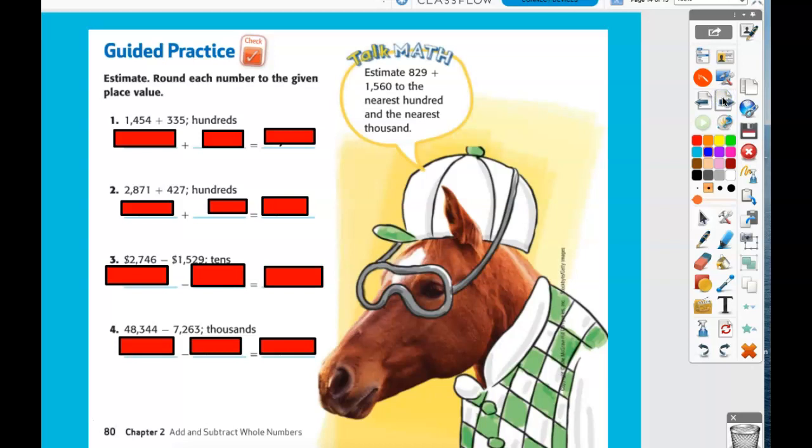All right, let's take a look at the last 4 problems. And again, this is still on page 80. You need to estimate. Estimate means we're going to round our numbers to a specific place value.